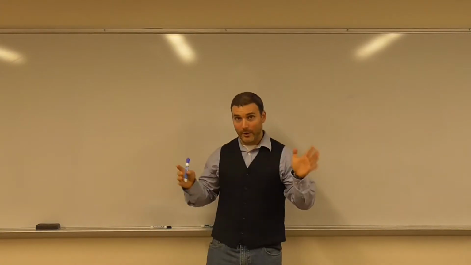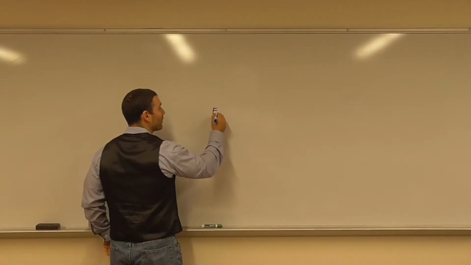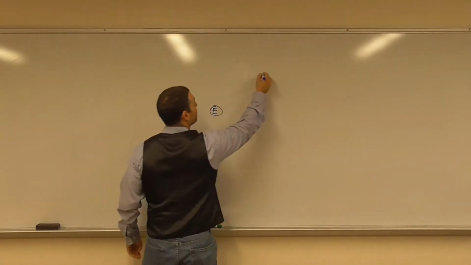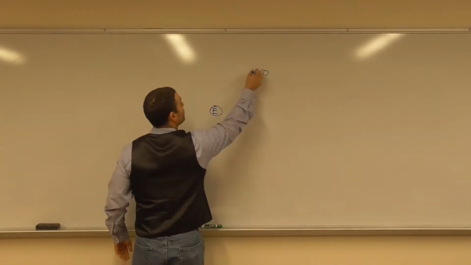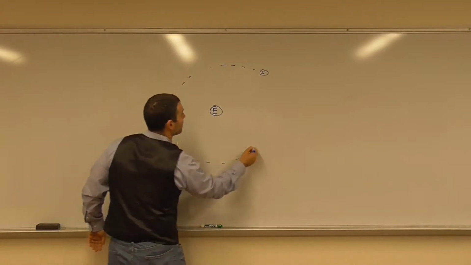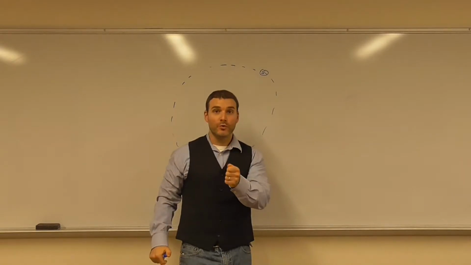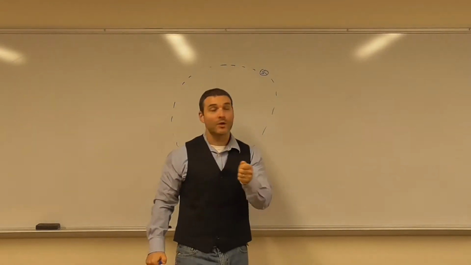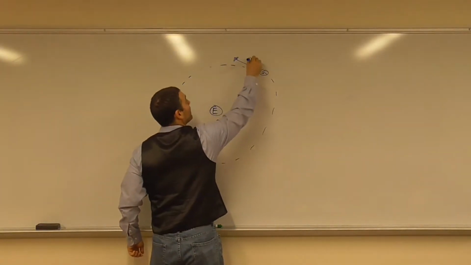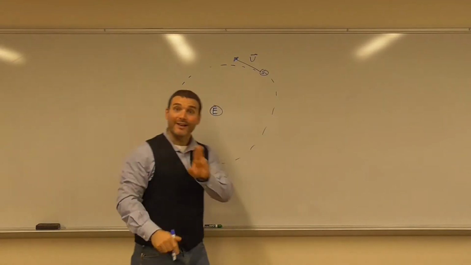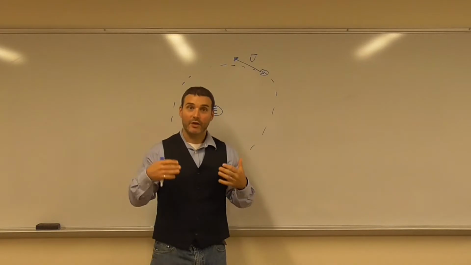So think about the following case study here. Think about the Earth, and think about a satellite, be it the moon or an actual satellite, out in circular orbit around the Earth. Okay? So don't forget about Newton's first law, that the satellite would remain with constant velocity, that it would point in this direction unless it were acted on by an external influence, in this case, a gravitational force.